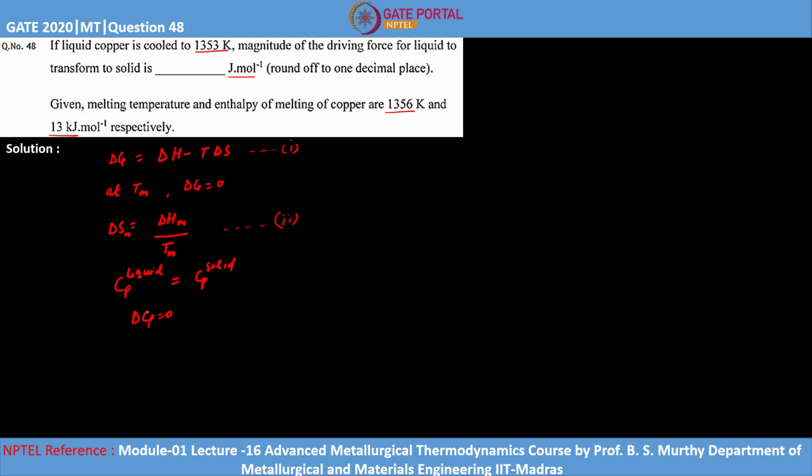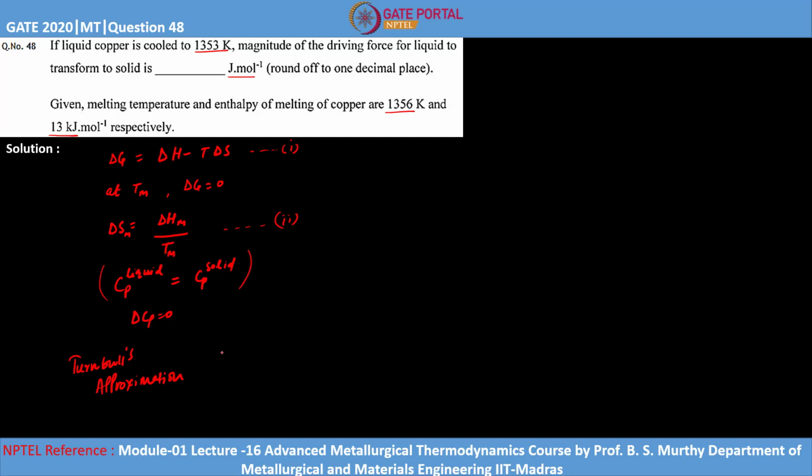With this assumption, Turnbull gave an approximation named Turnbull's approximation. So what he did is he put the value of delta S in equation 1 with the assumption that delta Cp equals 0.